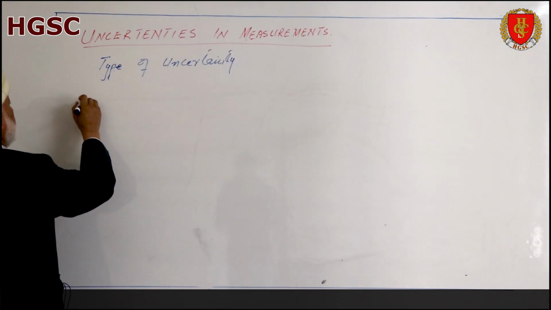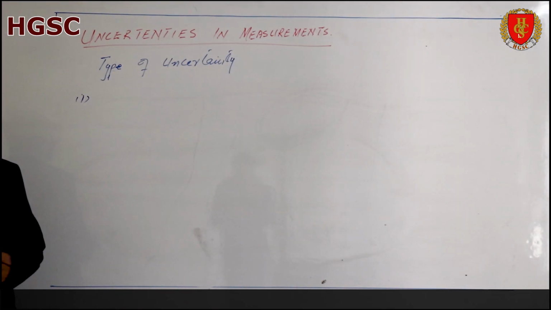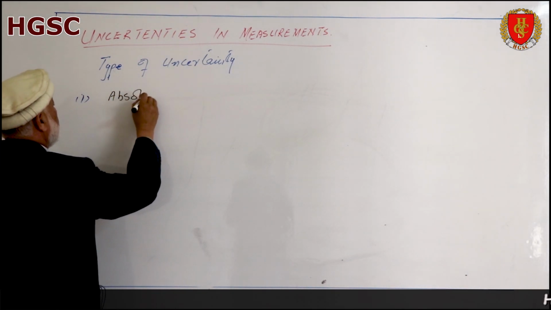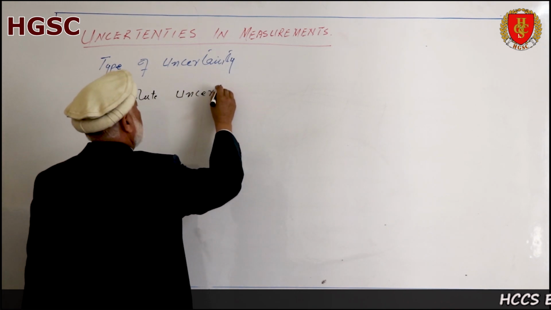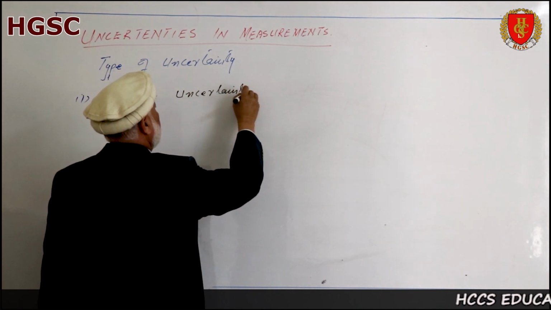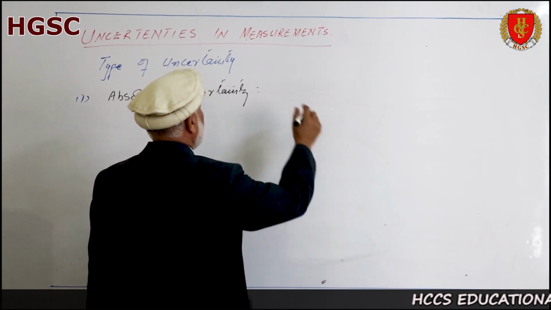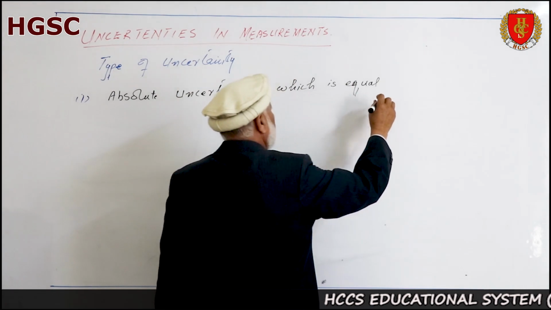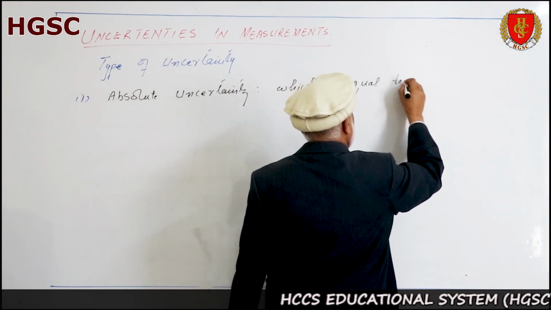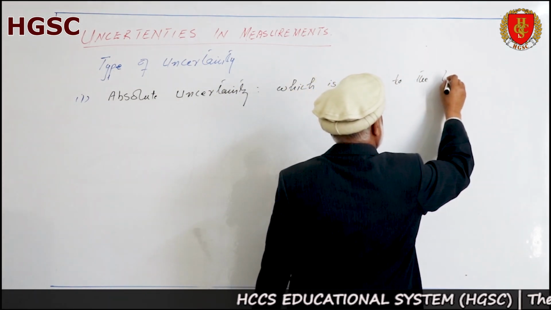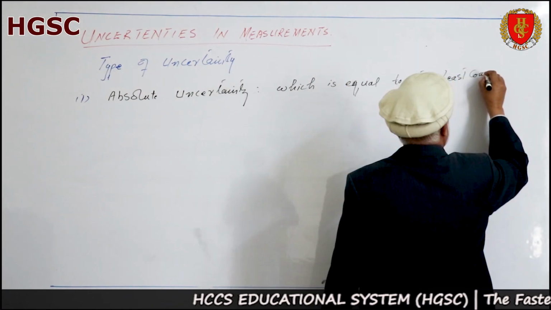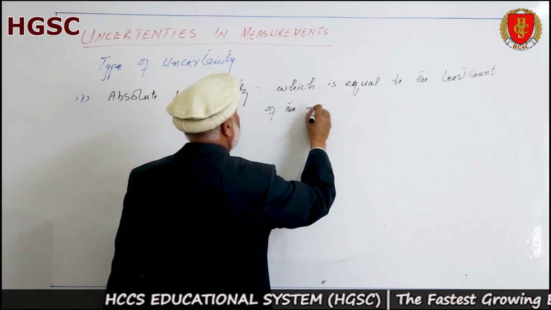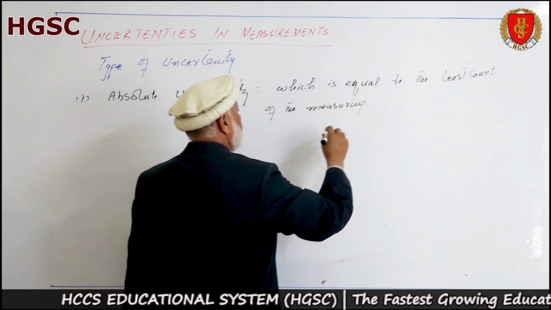So the number one is absolute uncertainty, which is equal to the least count of the measuring instrument.